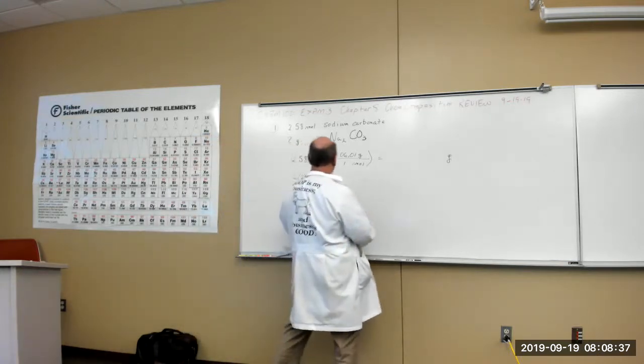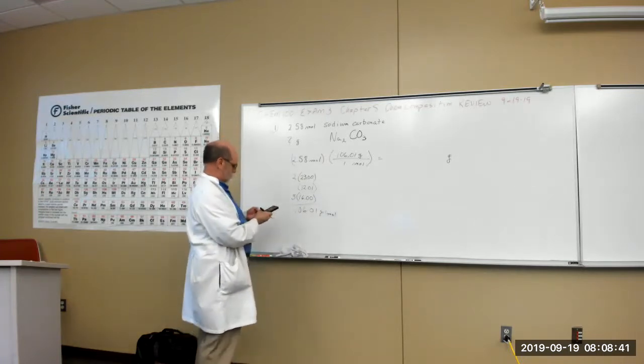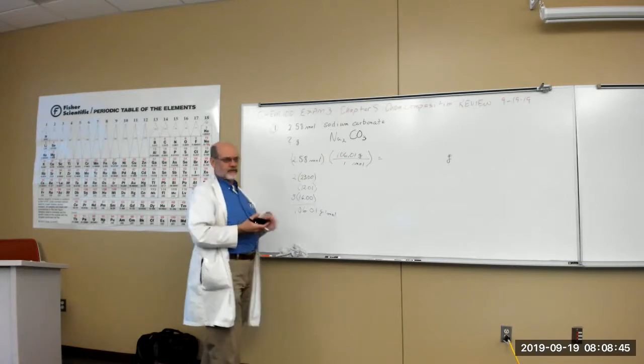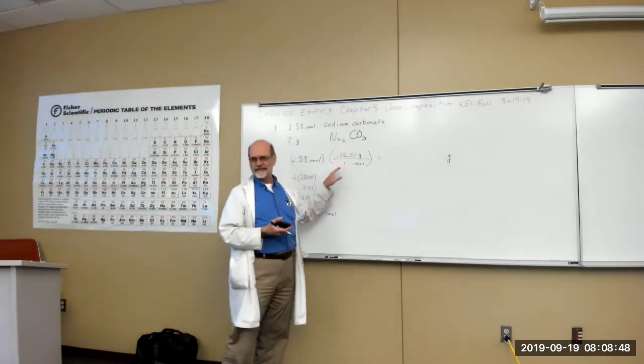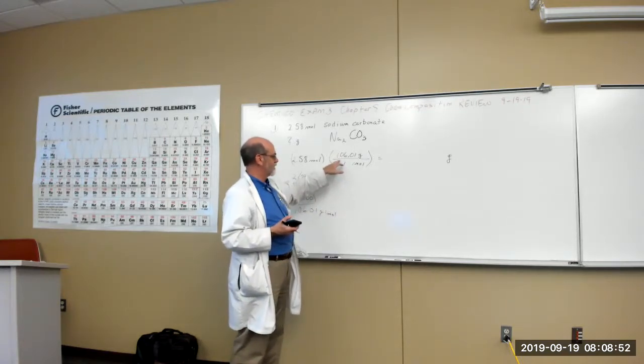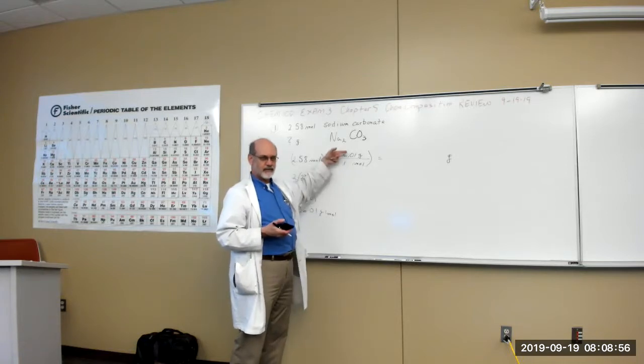And I think I've made a mistake. No, divide. Did I say divide? Should have said multiply. Nobody corrected me. Okay, right? It would be divide only if that was on the bottom, but it's on the top.